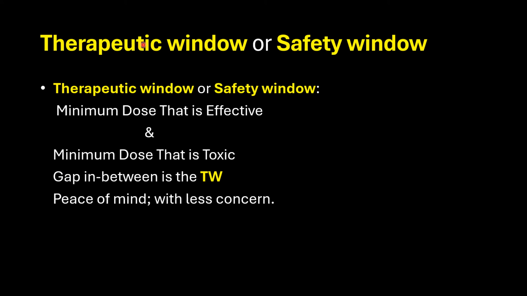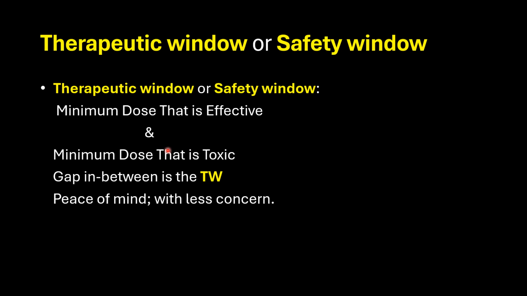Now, there is another entity known as the therapeutic window anytime you are talking about therapeutic index, and that is the safety window. How do I mean? In the therapeutic window, you have the minimum dose that is effective, okay? And you also have the minimum dose that is toxic.